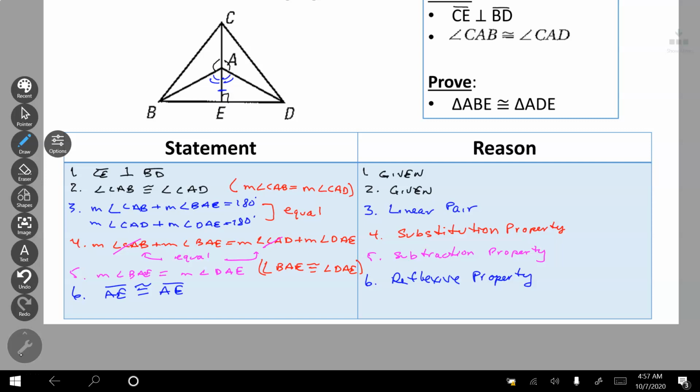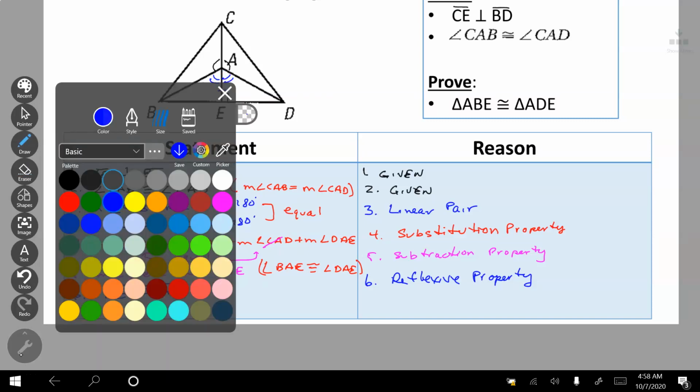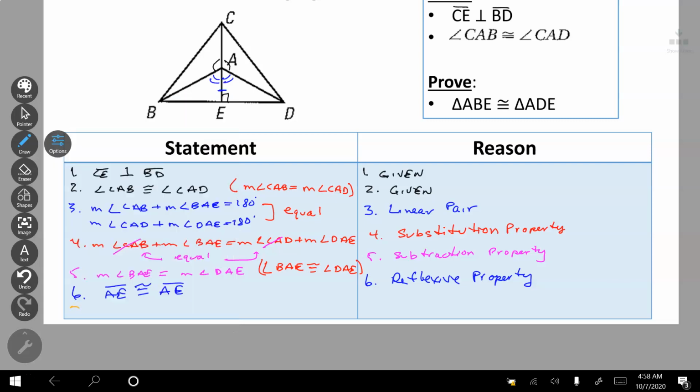And then this angle right here, AED and AEB, they're both right angles. Angle BEA is congruent to angle DEA because all right angles are congruent.